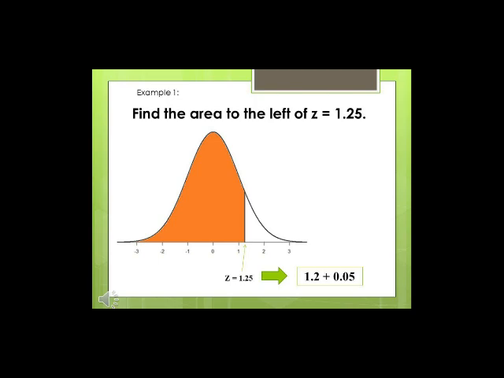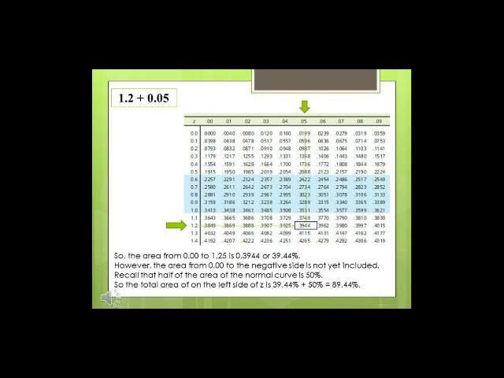In this case, we need to separate the second decimal place of the given z-score. So, we have 1.2 and 0.05. Looking at the standard normal distribution table, let us find the number 1.2 on the first column of the table.